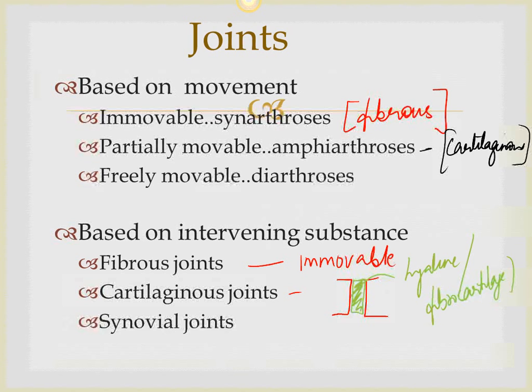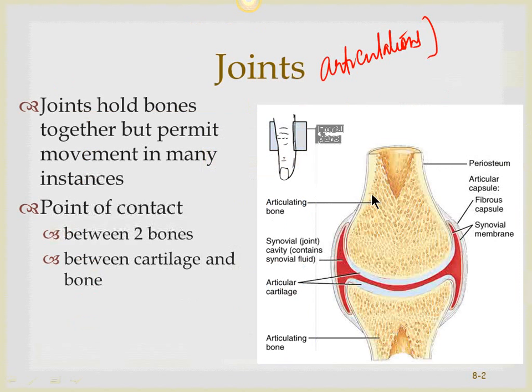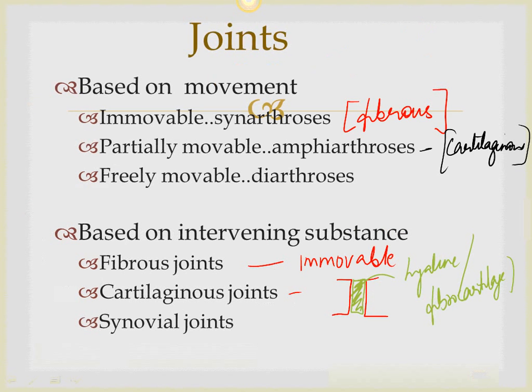The third type of joint is the synovial joint. And this previous picture here is a good example. This is a synovial joint where you have a synovial membrane which lines the joint cavity and produces synovial fluid.